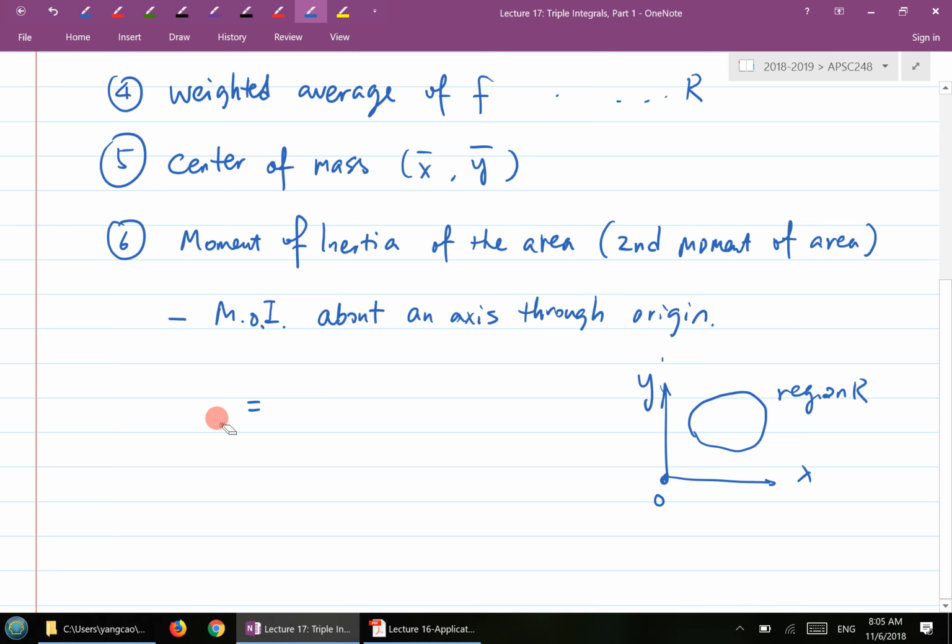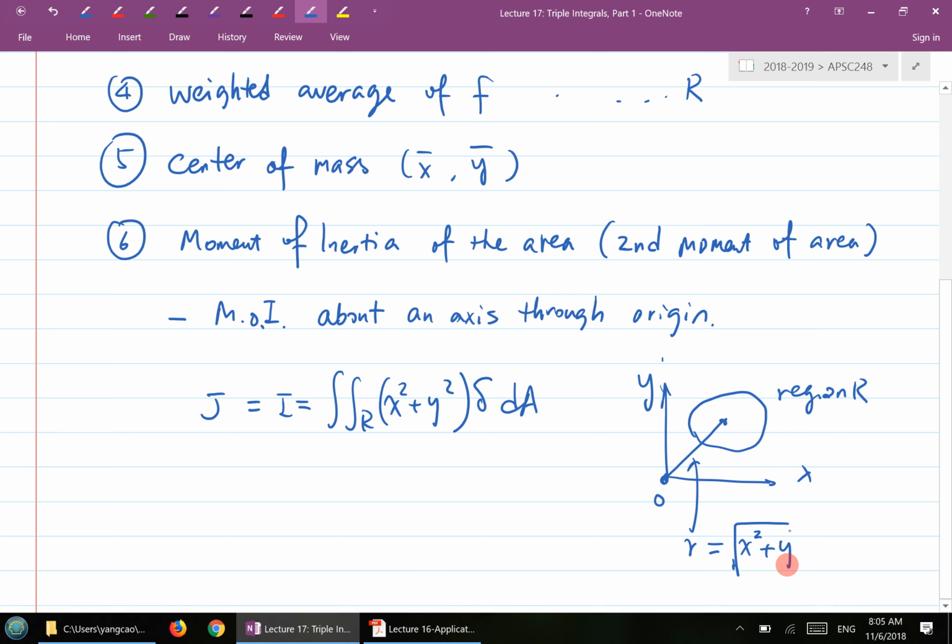sometimes we use J, so J or I, equal to the double integral of (x squared plus y squared) times delta, the density, times dA. If you pick any point here, that's your radius, r equal to the square root of x squared plus y squared.